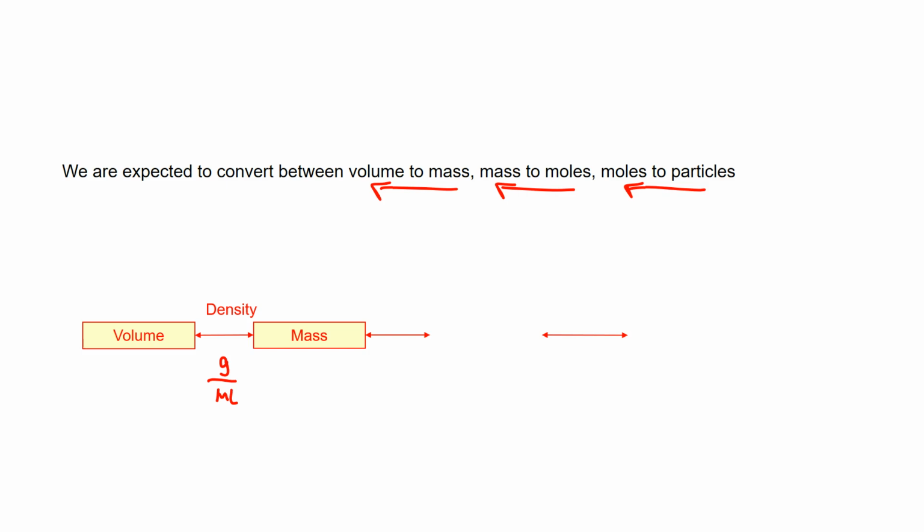Now, yesterday we started playing with this. If I want to get from mass to moles, what number am I going to need to use? Not Avogadro's for mass to moles. What were we calculating mainly yesterday? What unit is mass typically measured in?